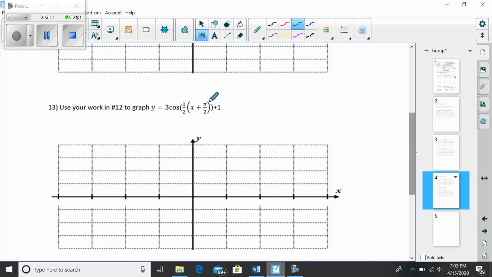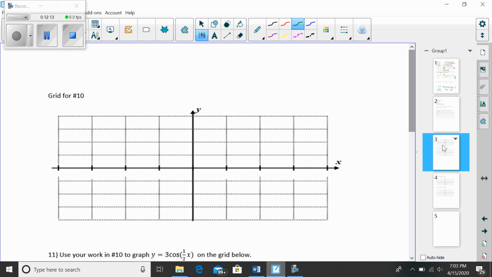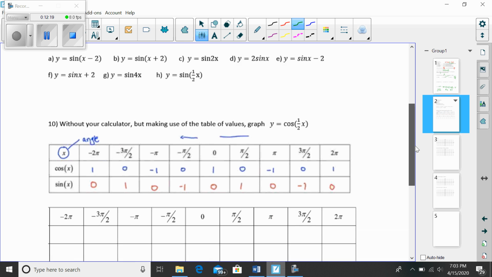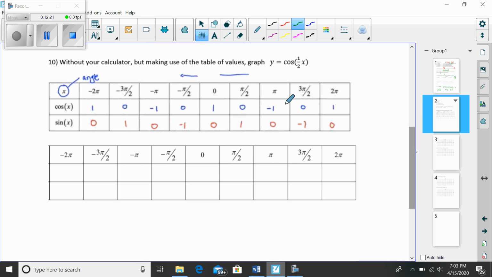Okay, so by the end, you're graphing this, but you're going to start by just graphing first y equals cosine of half x, right? Instead of using your calculator, I had said use this graph. So if this is x, make this column half x.